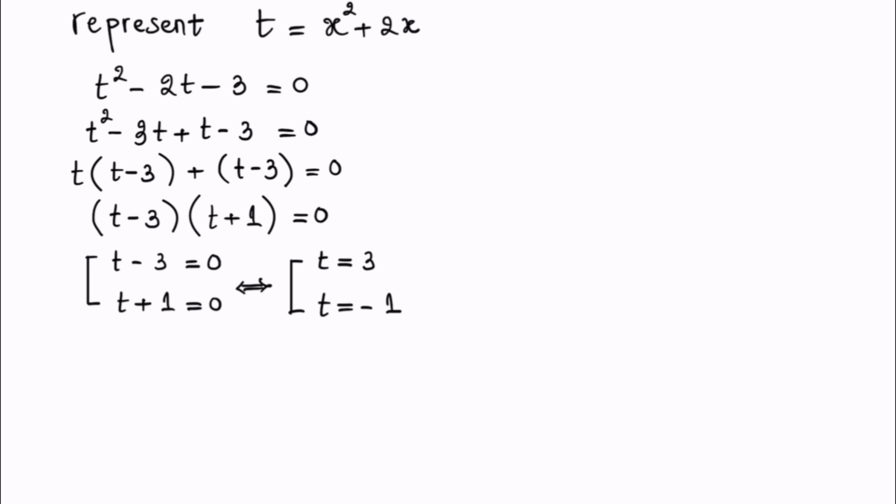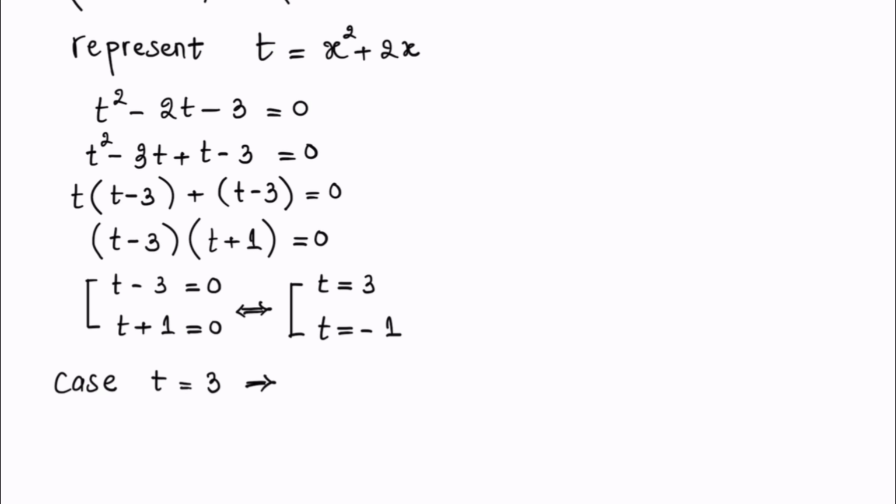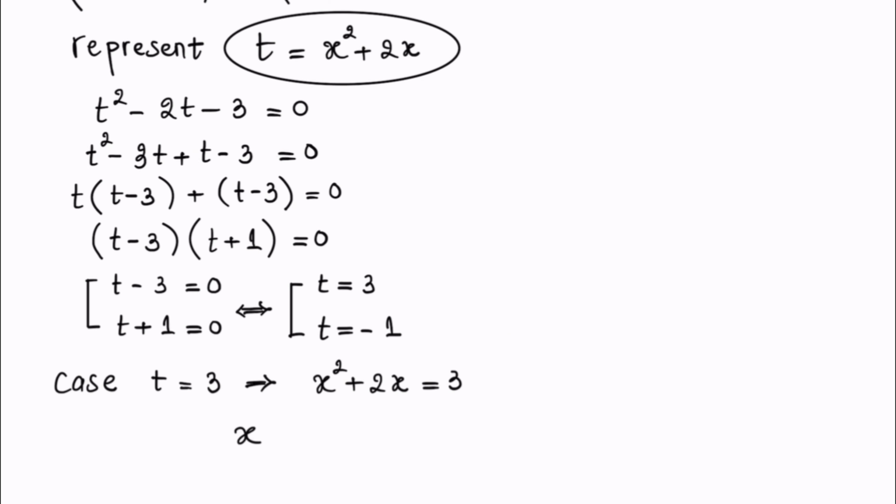So we have two cases. Case t equal to 3. Then we are looking for the value of x. So then we can substitute into this equation here. That will be x squared plus 2x equal 3. Then x squared plus 2x minus 3 equal to 0.